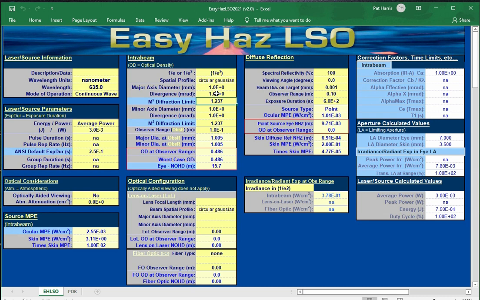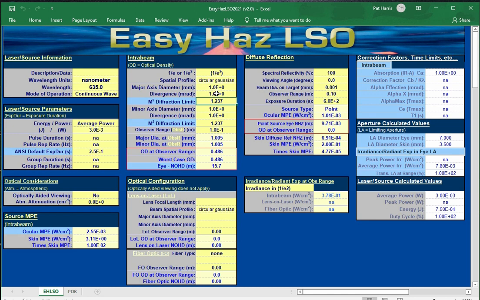So if that beam waist was pushed out about 20 meters, and we calculated that the NOHD is 30 meters, then from the output aperture of the laser, the NOHD is 50 meters.